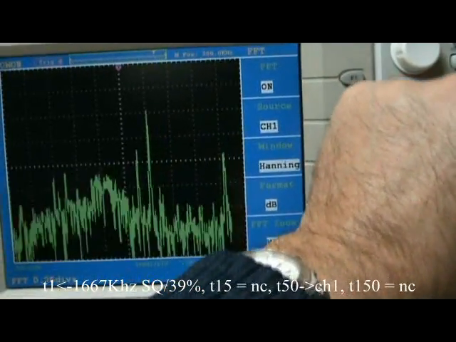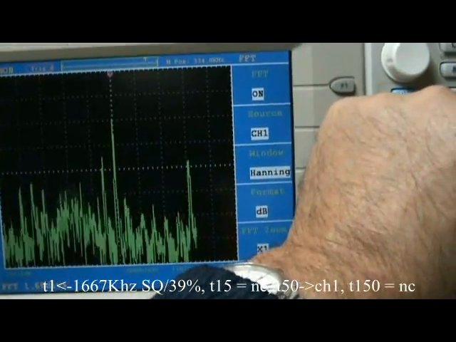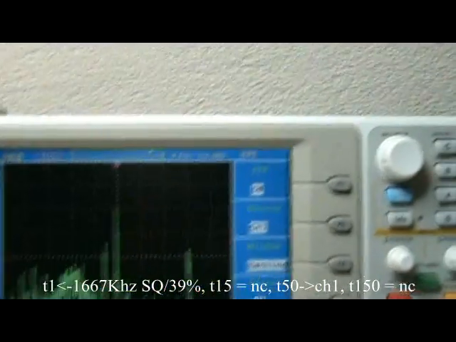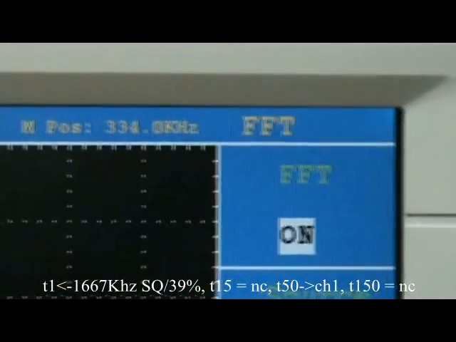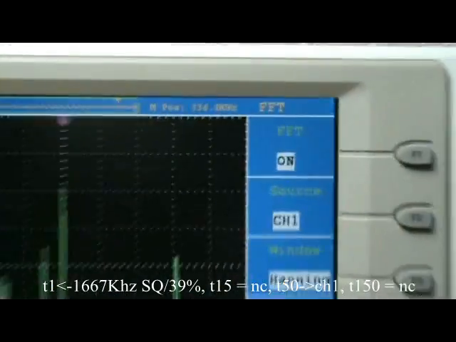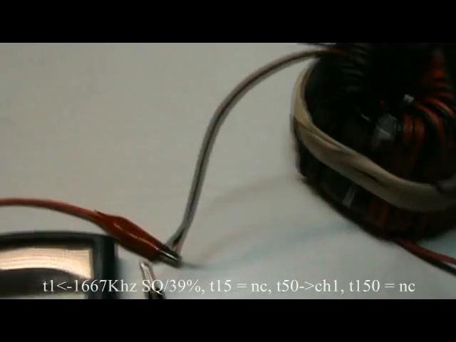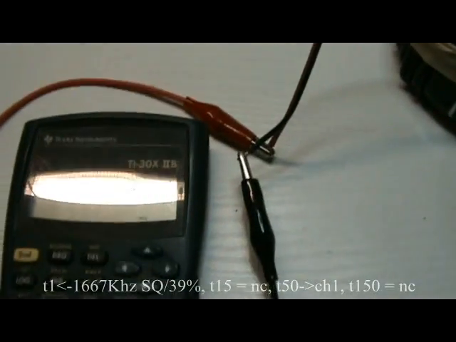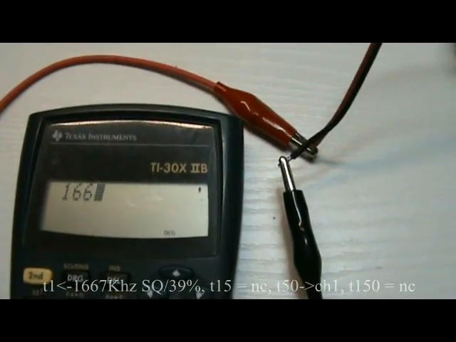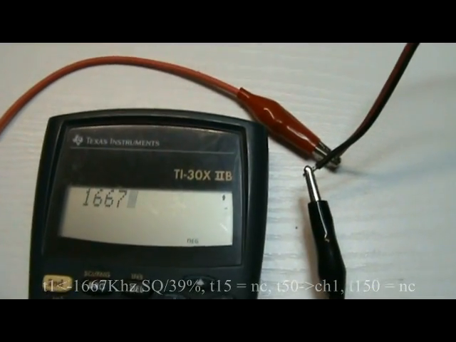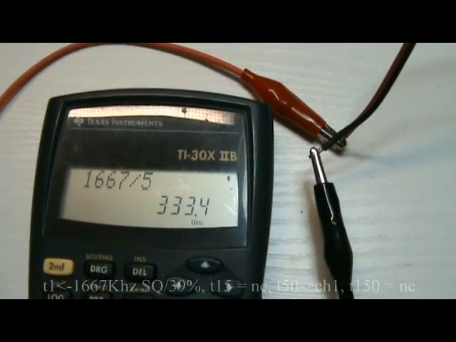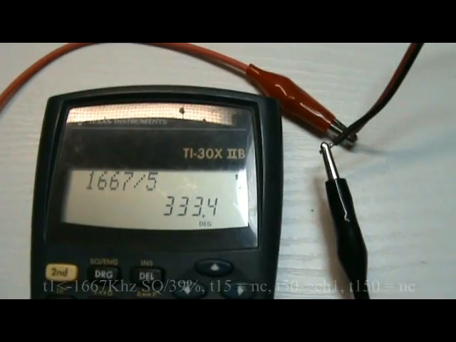I will put it into the middle, and you can see it is 334 kHz. And when I divide my 1667 by 5, I get this 334.